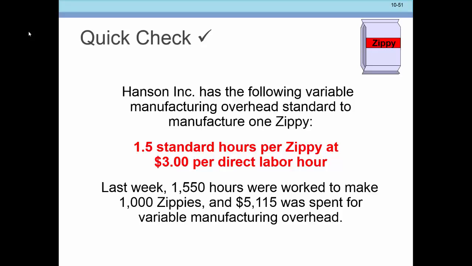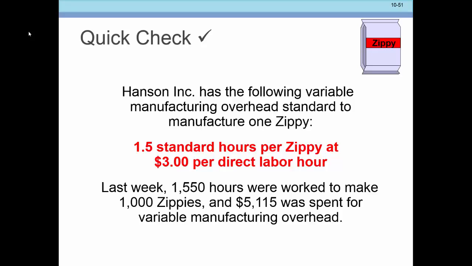And then we want to get the actual rate. Where do you have to set it up for me, please? 5,115, like that? Yeah, divided by the 1,550 hours gives me what?